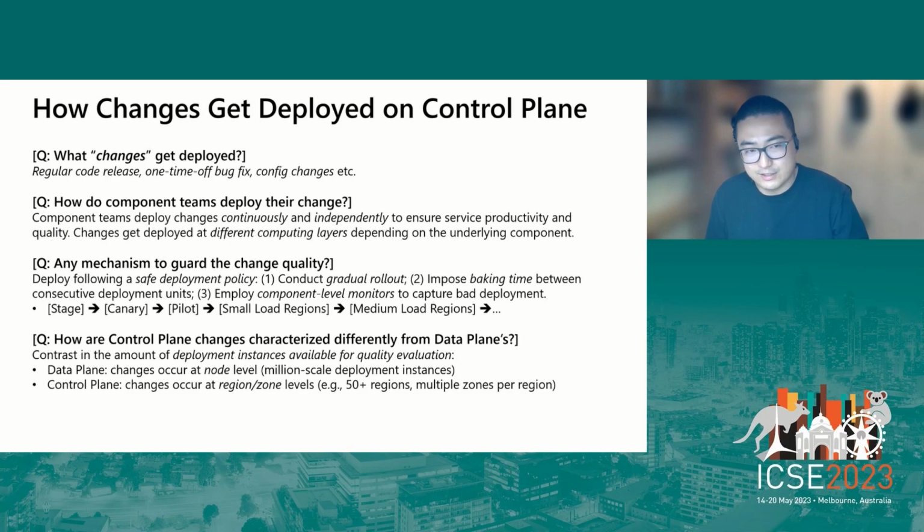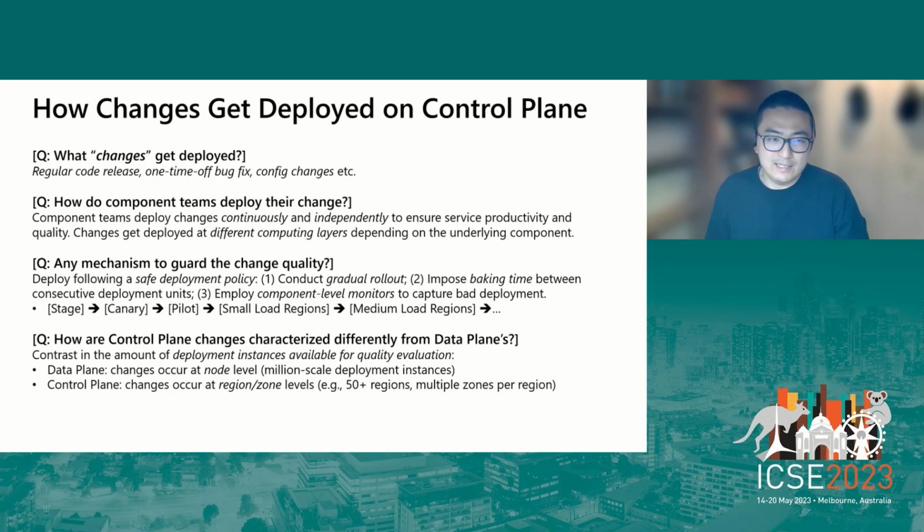To ensure the quality of the changes, component teams in Azure follow a safe deployment policy. Common practices include conducting gradual rollout, imposing baking time between consecutive deployed units, and component teams may also employ monitors to detect abnormal service behavior after a change in the hope that they can capture a bad change in time.